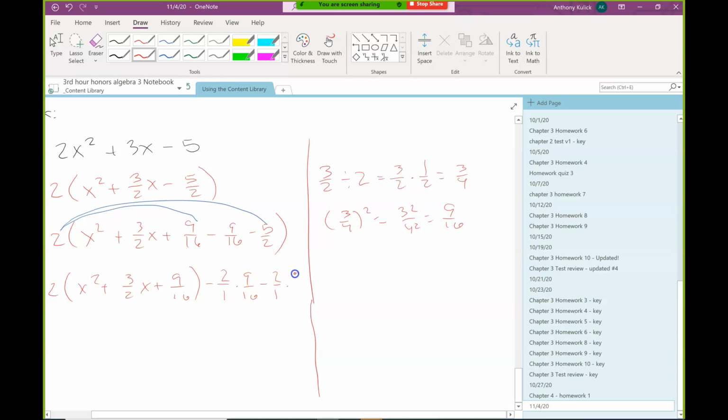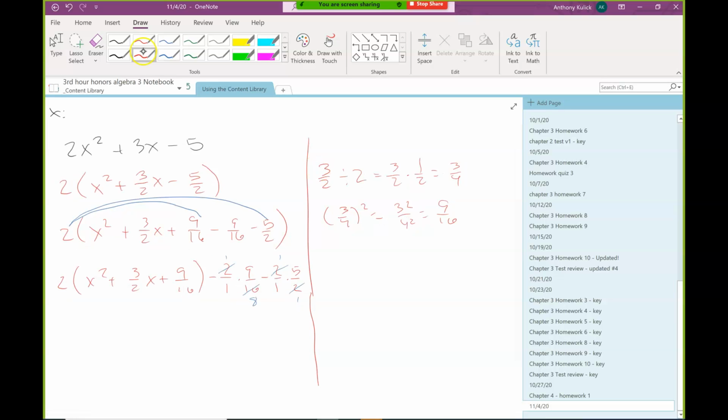So we can reduce these and then just multiply across. Everybody's okay with the fraction operations I did there? Okay. So we can factor.